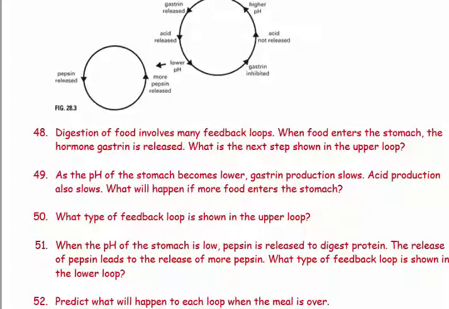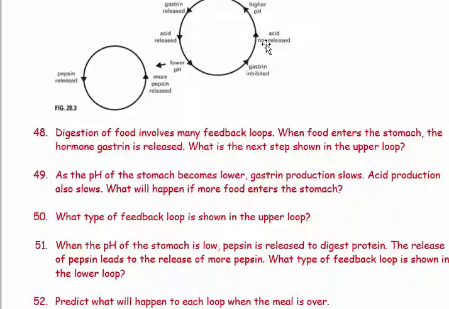Number 50. What type of feedback loop is shown here? What we see here, starting from the food entrance, to the release of gastrin, to the acid released, is going to lower the pH. What happens when you lower the pH? The gastrin is inhibited. And when the gastrin is inhibited, the acid is not released.